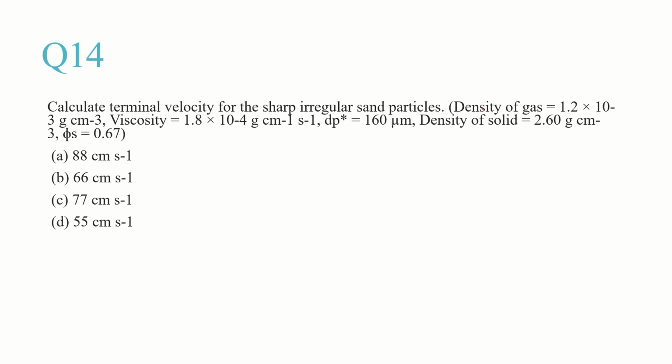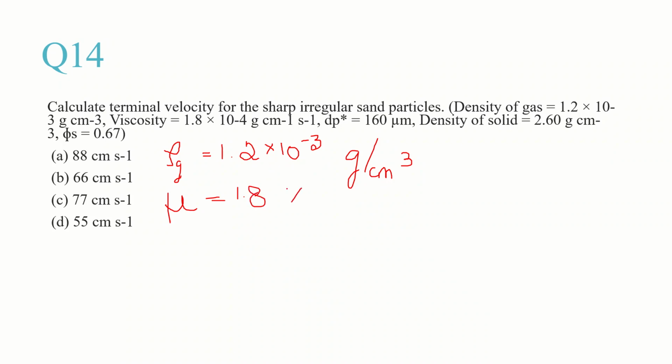The data given: density of the gas, rho g, is 1.2 into 10 power minus 3 gram per centimeter cube, and viscosity is 1.8 into 10 power minus 4 gram per centimeter second.